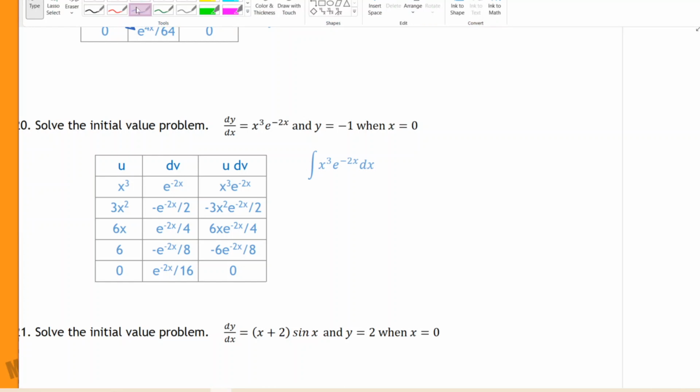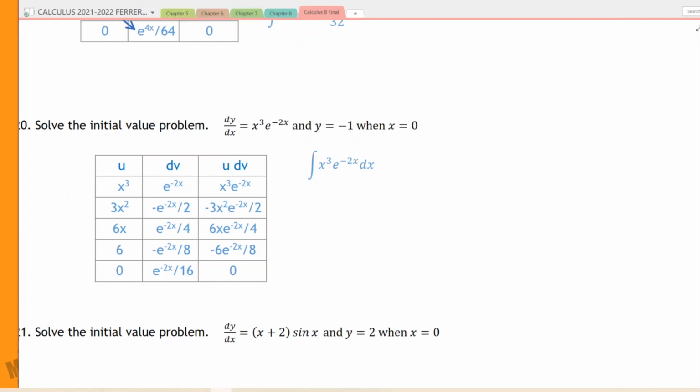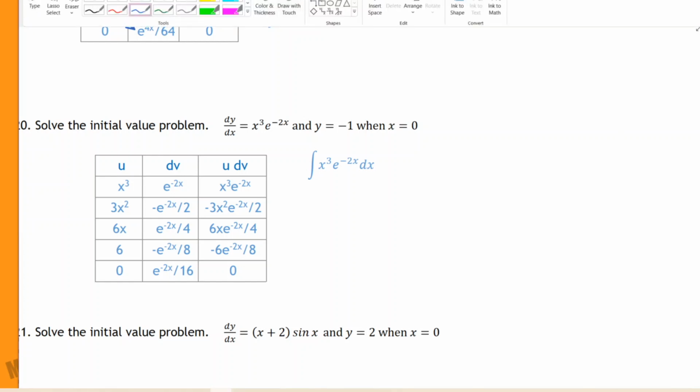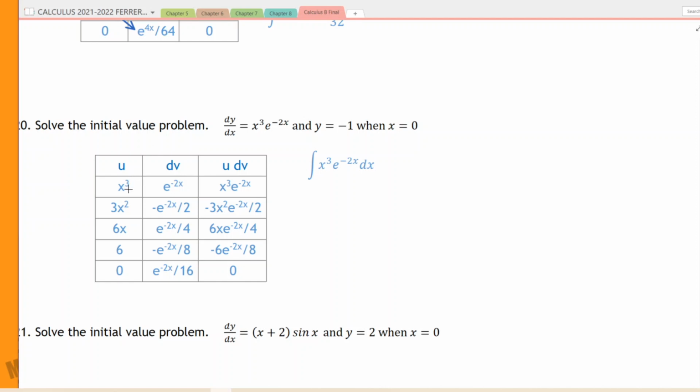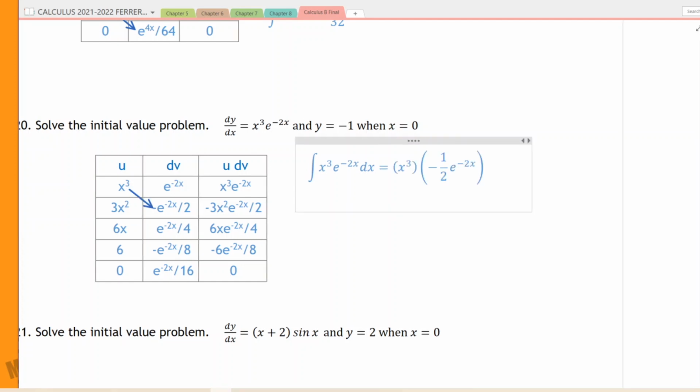antiderivative. We're going to start with an addition. So diagonally, we're going to add, multiply and add. Then our next step is to subtract the next diagonal.